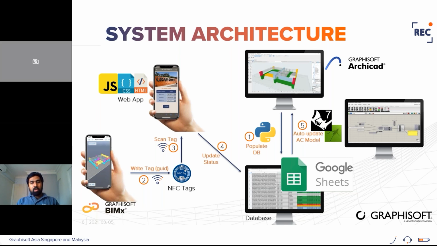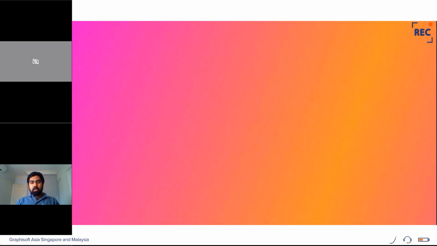After the Archicad model is fully updated, we can visualize it in the BIMx model using the shared URL. We will first see a short demo of this NFC tracking system.